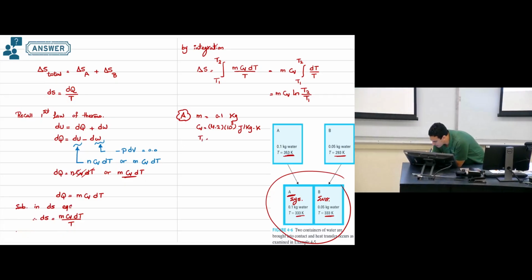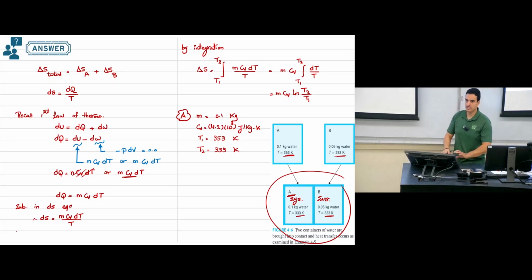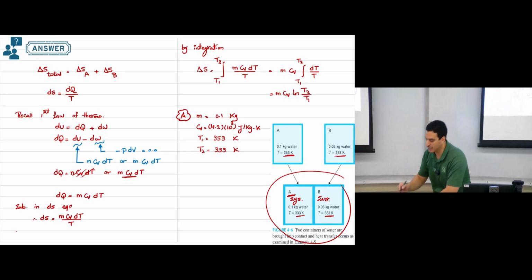T1 is 353 Kelvin. T2 is 333 Kelvin. So now we have everything. Just put these numbers in the equation.